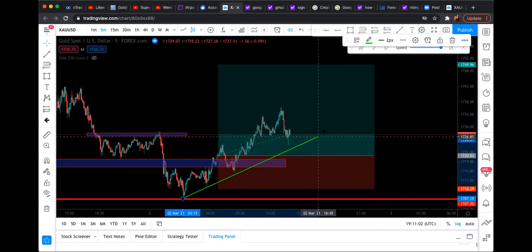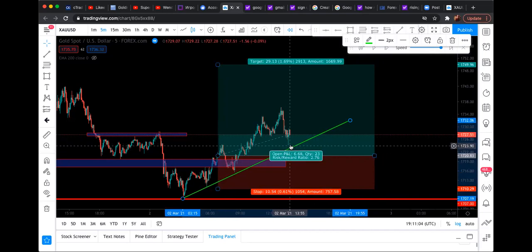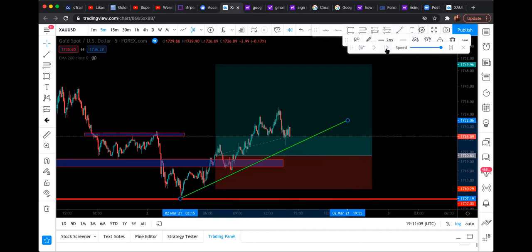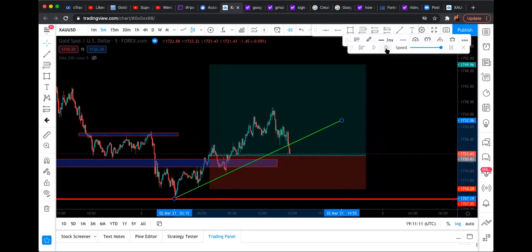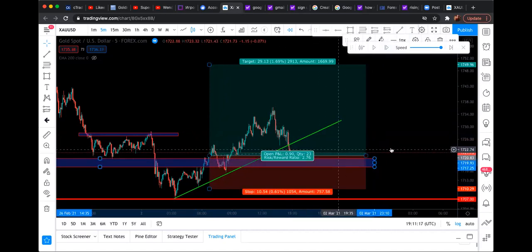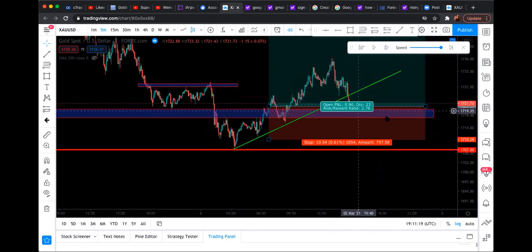And then it's coming to find a higher low on this trend that we have also found over there. Now it hits it. What has happened here? It has broken it.